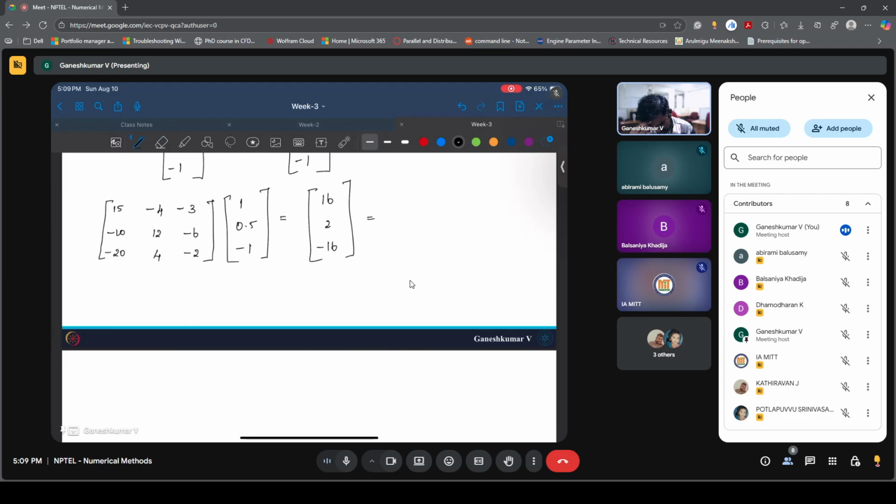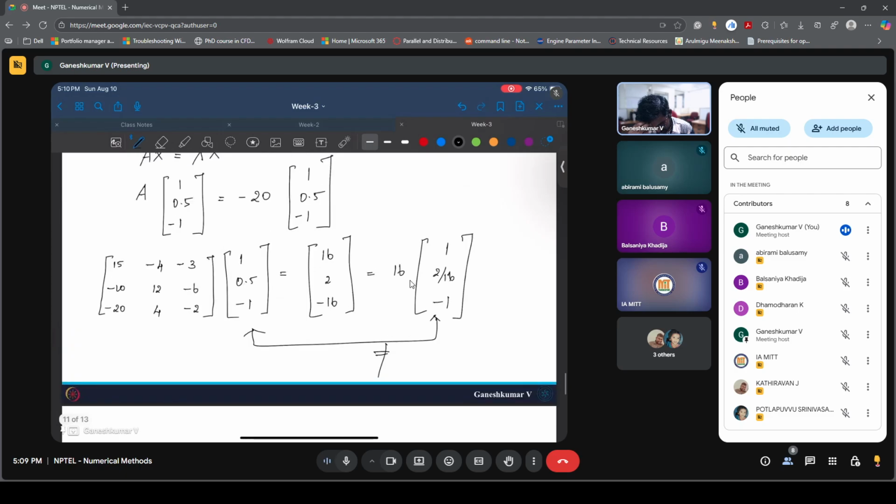If I take 16 out, then 1, 2 by 16 and minus 1. This and this are not equal.